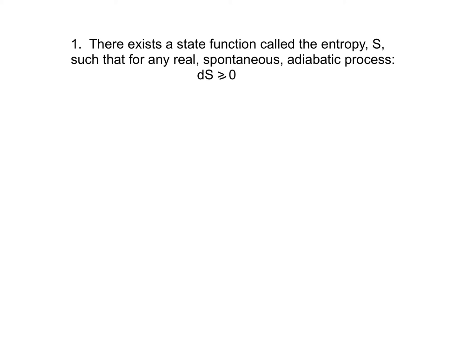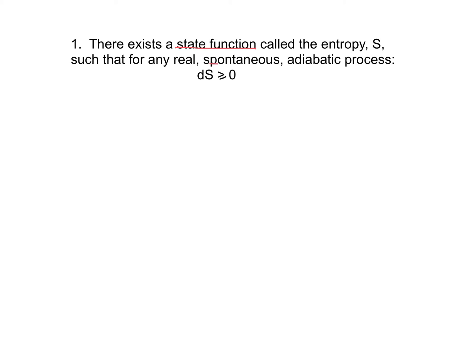The first thing to note about this is that the entropy is defined as a state function. That means that entropy can be associated with a state of the system, and each state of the system has a certain value of the entropy. The second important part of this definition is that it defines the spontaneous direction for a process.